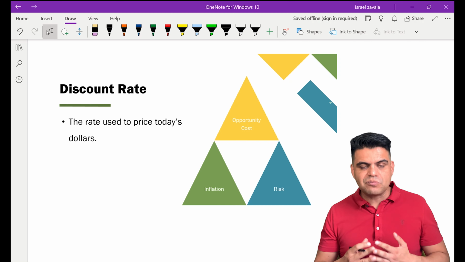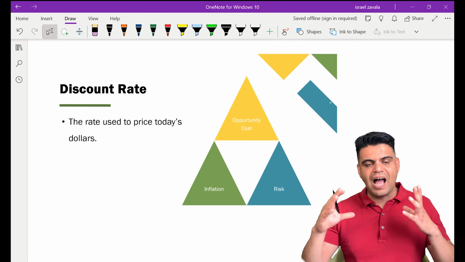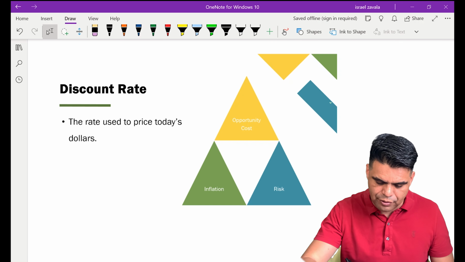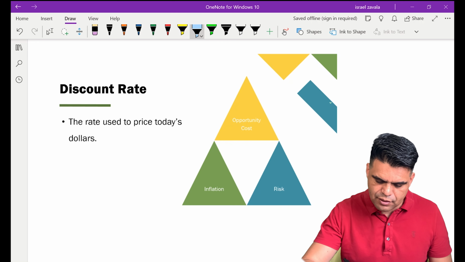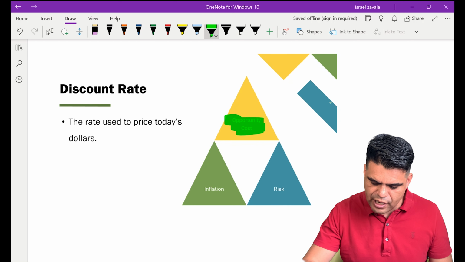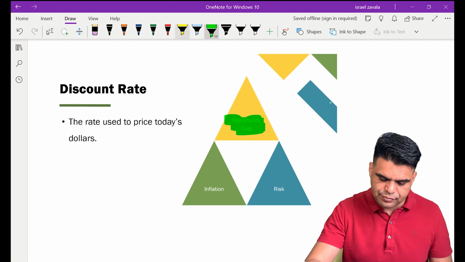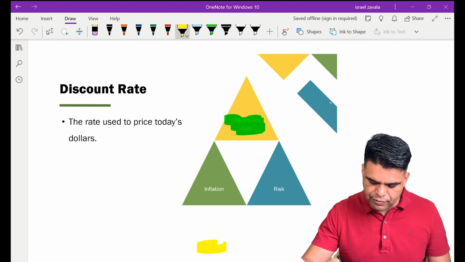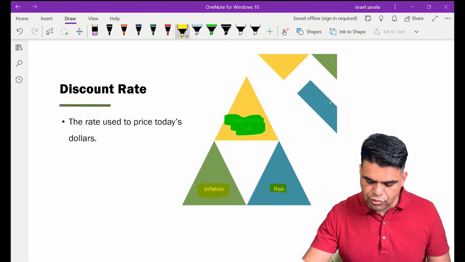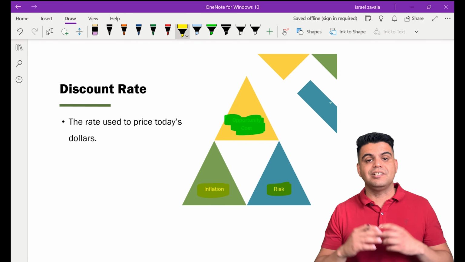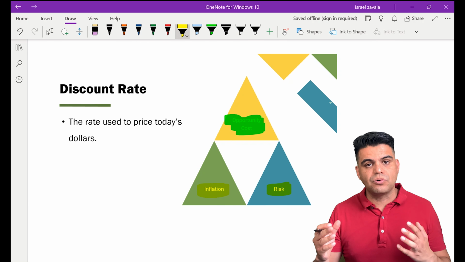The discounting rate is comprised of what I would say are three main categories. We have our opportunity cost, we have our inflation, and we have the risk associated with collecting that money down the road.